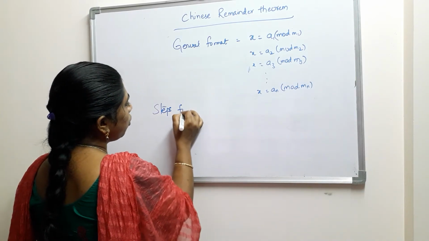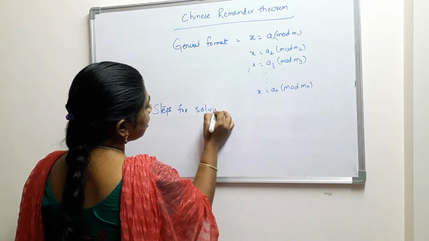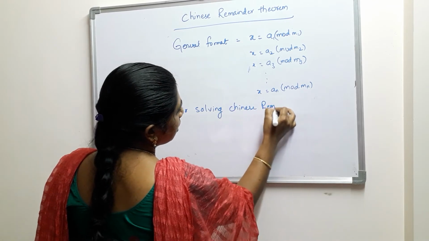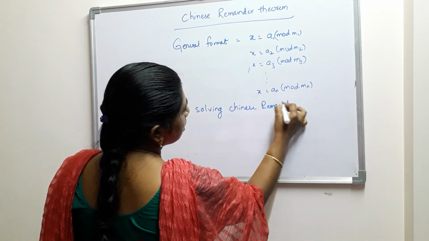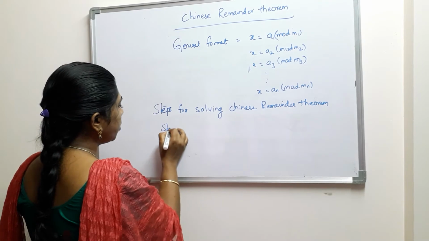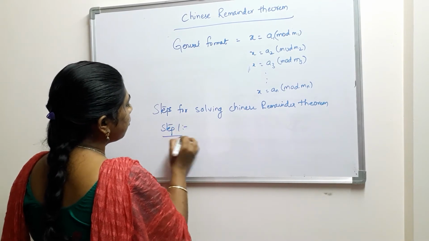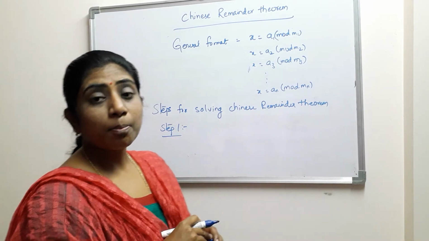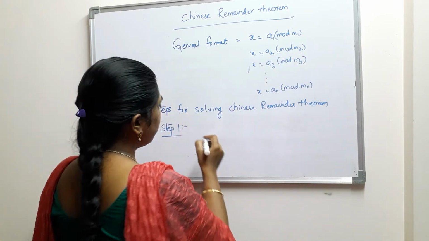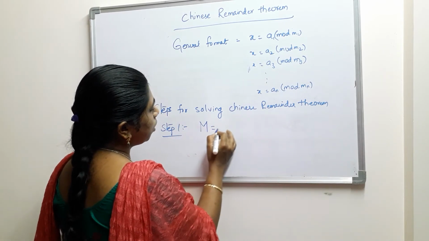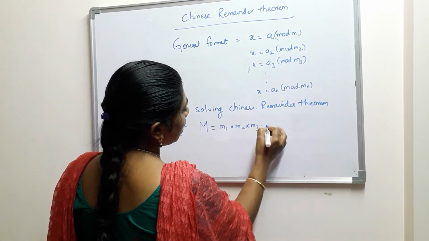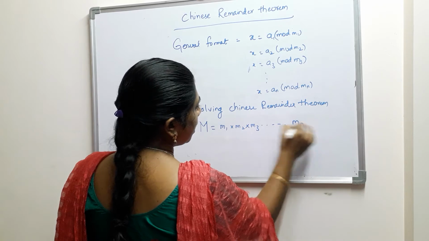The steps for solving the Chinese remainder theorem. Step 1: we need to take the multiplication of all the mod values. So m is equal to m1 into m2 into m3 and so on till mn.